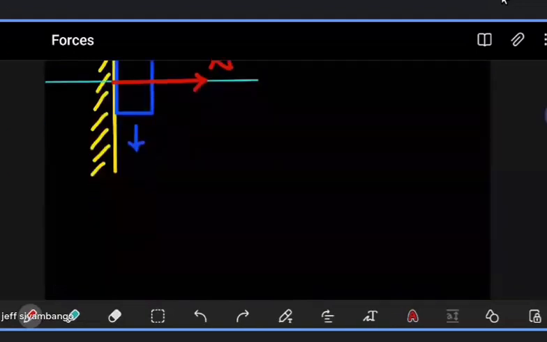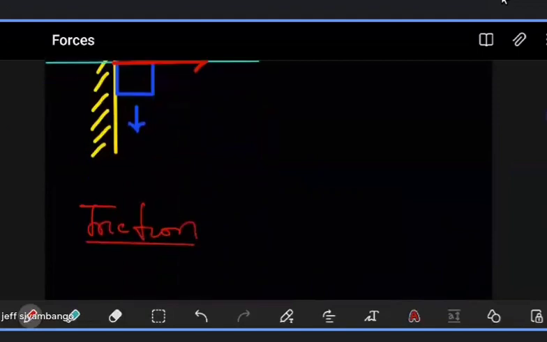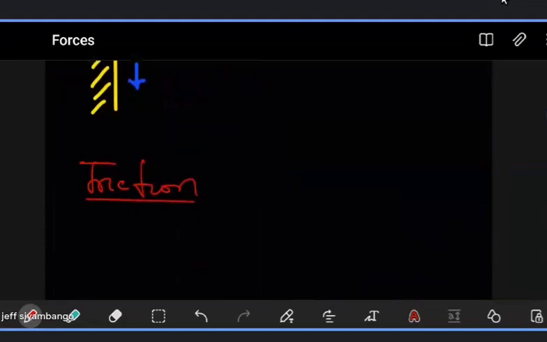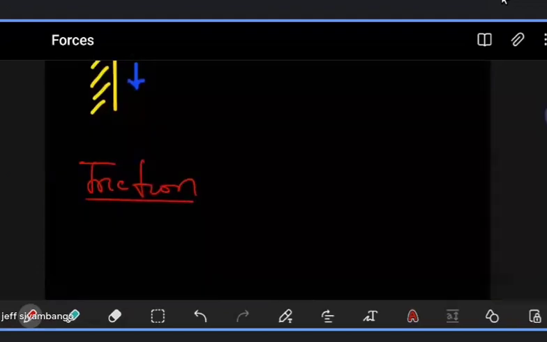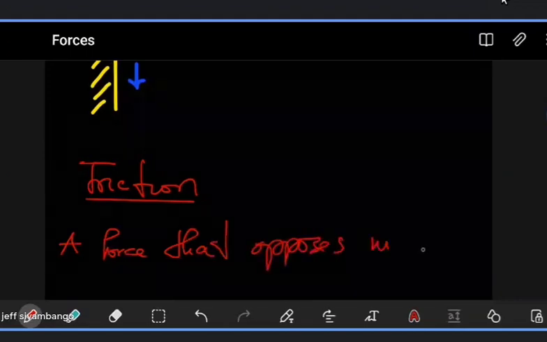To conclude, we end this class by looking at friction. What is friction? Friction is a force that always opposes motion.